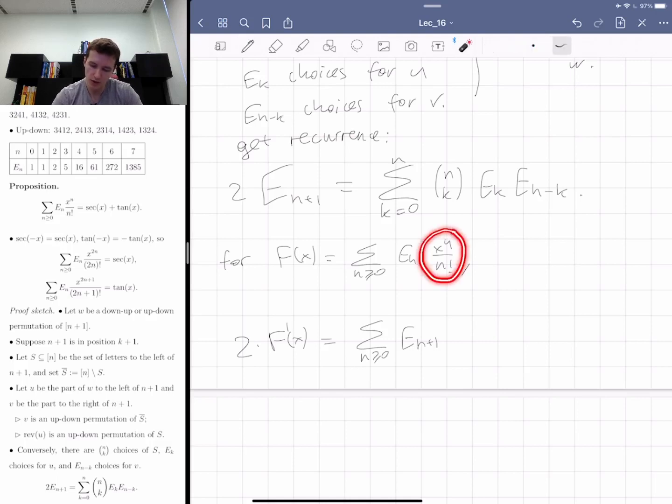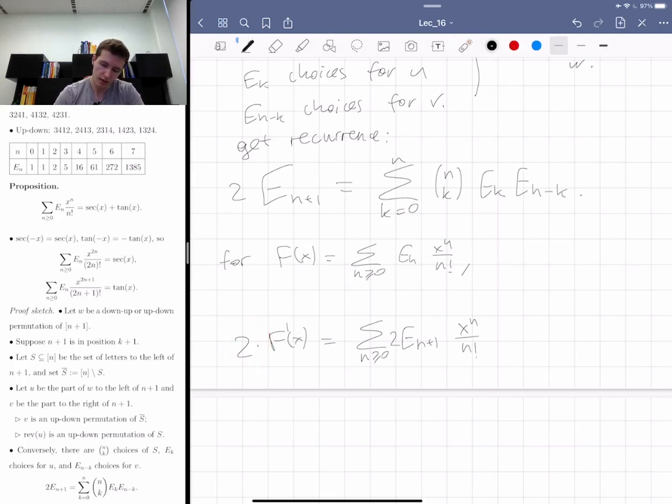When you take the derivative of x to the n over n factorial, you get x to the n minus 1 over n minus 1 factorial. So taking the derivative of exponential generating functions just corresponds to shifting the indices by 1. Then there's an extra 2 coming from here.